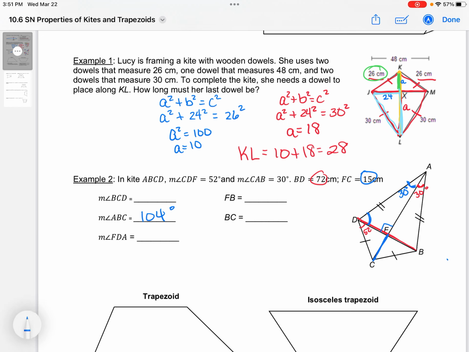Okay, so FDA is going to be 90 plus 30. And then I'm going to subtract that from 180. Okay, so this is 60, which also means this is 60, which means this is 52.